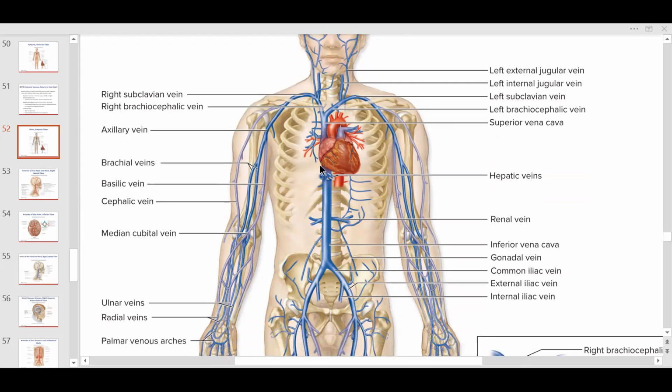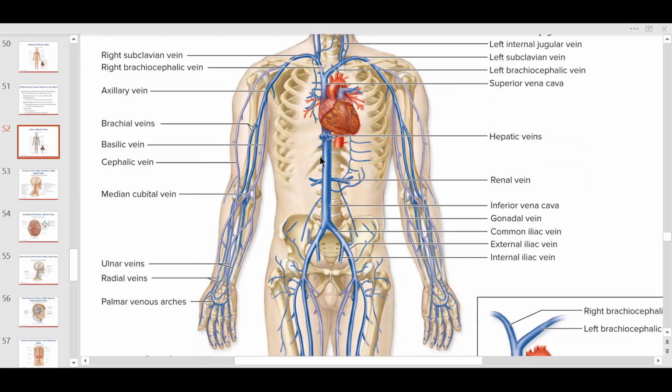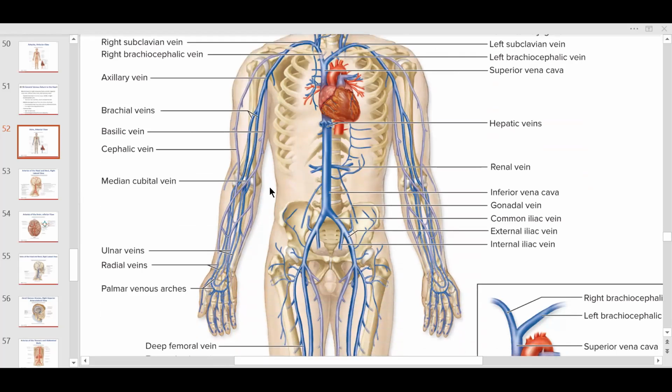So let's go to the arm. Let's see what we got. So this model, this cartoon guy, he's in the anatomical position. That means his thumb is pollex, digit 1 is lateral, digit 5 is medial, and his hand is supinated. Means his palms are facing up. That's anatomical position.